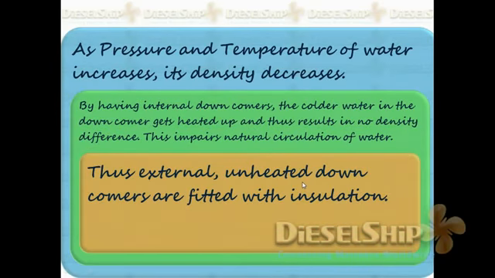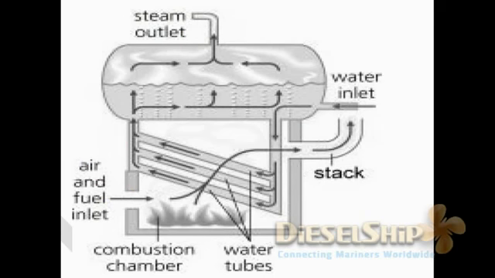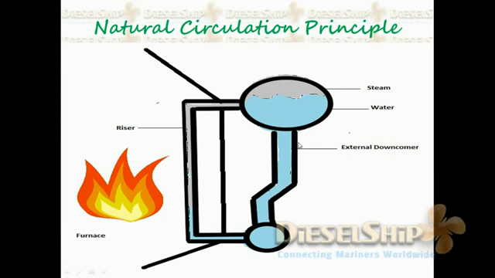Now let's understand what happens if we have an internal downcomer. Let's get back to the previous picture and see what an internal downcomer is, just to recall. In this picture you have a downcomer, that is, the water flows downwards, that's why it's a downcomer. It is inside the boiler or inside the furnace, that's why it's called an internal downcomer. But in the recent generation boiler, we have the external downcomer, which is outside the furnace.